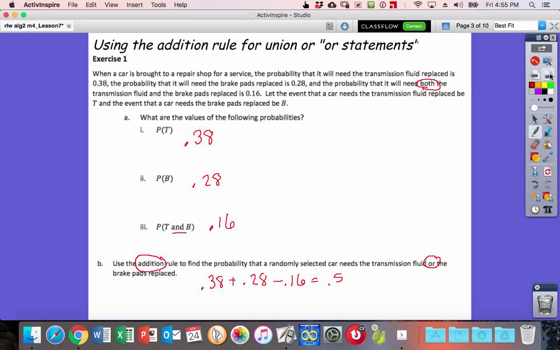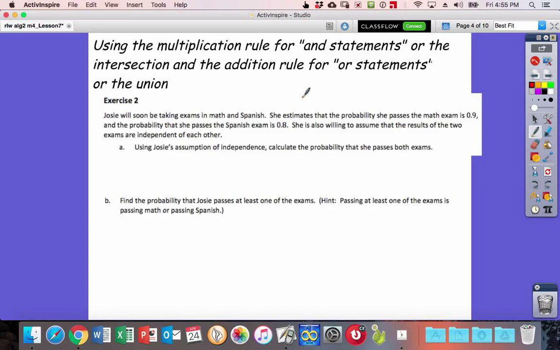Let's try another one. Use the multiplication rule. I'm just reminding you, you use multiplication for and statements or intersection statements. Use the addition rule when you're doing or statements or the union. If you can get this down, you pretty much got it. So on this one, it says Josie will soon be taking exams in math and Spanish.